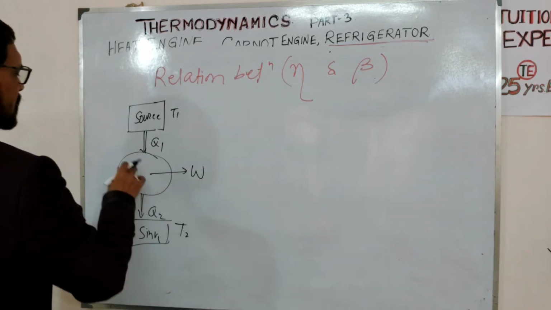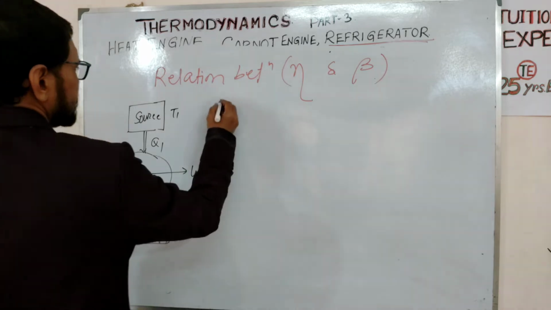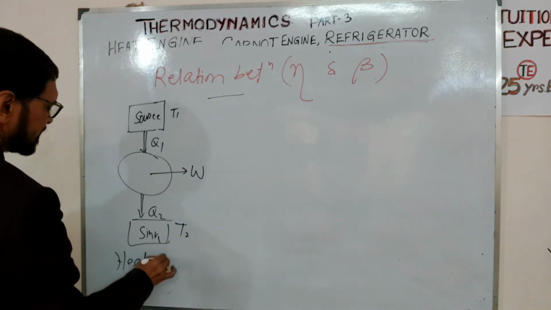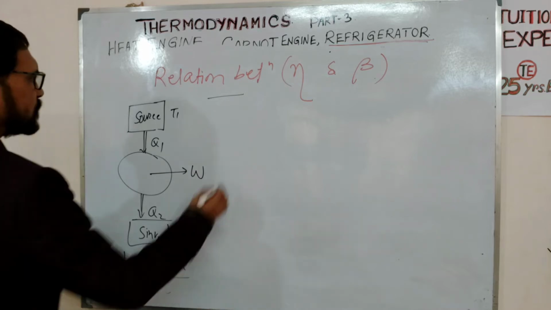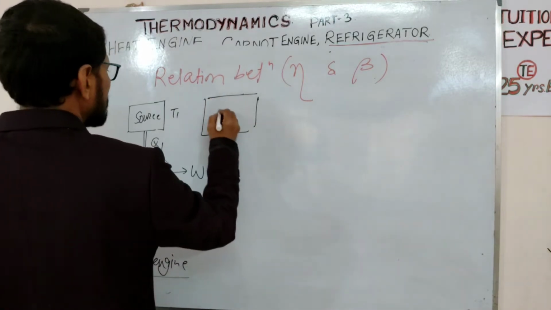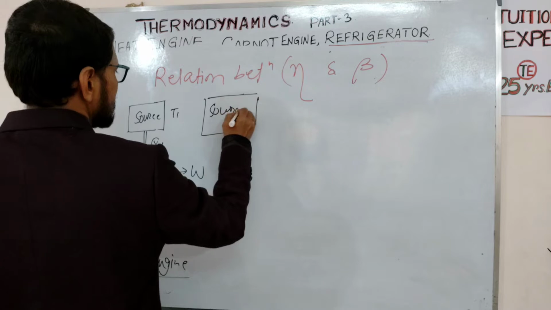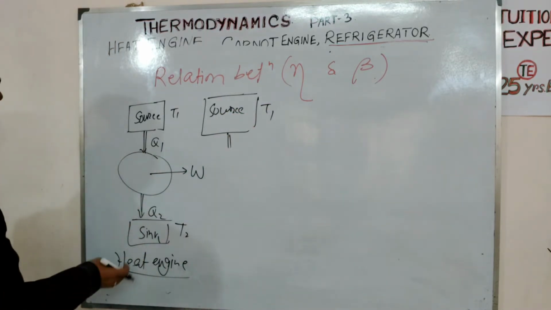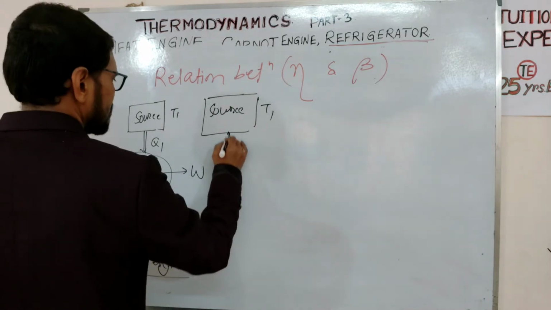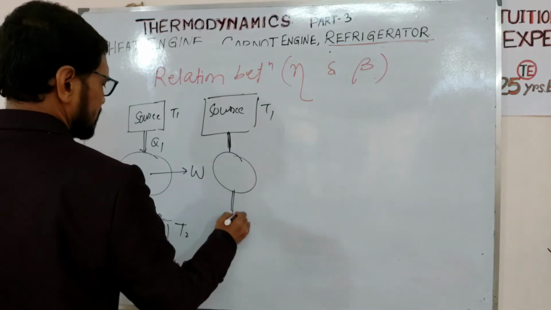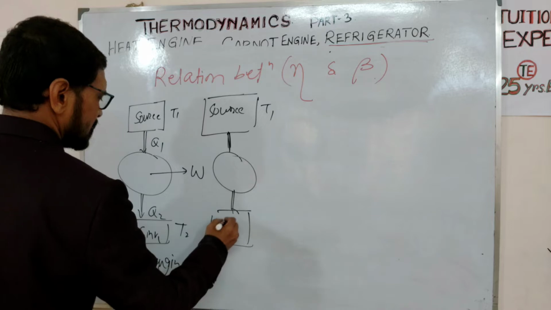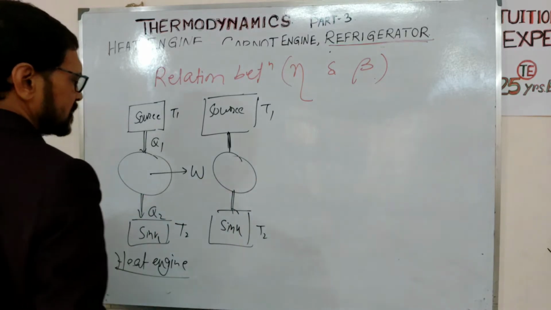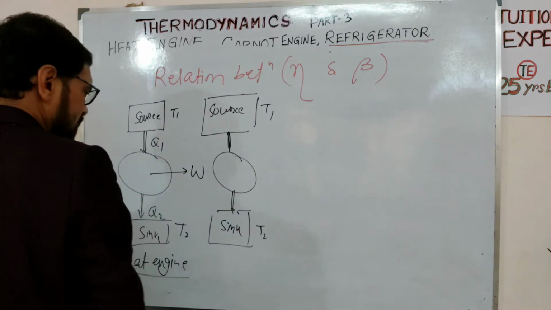This is for the heat engine. For the refrigerator, this is the source T1. In a refrigerator, the direction of heat flow is reversed, that is from this to this.